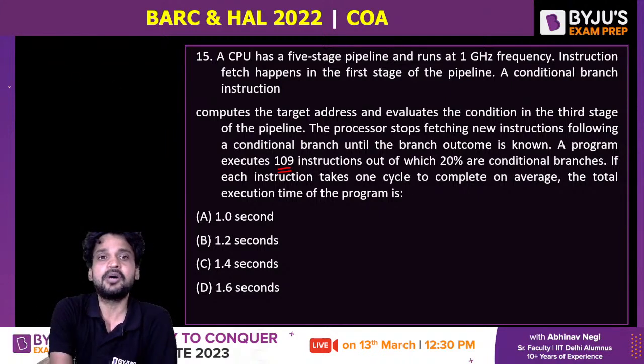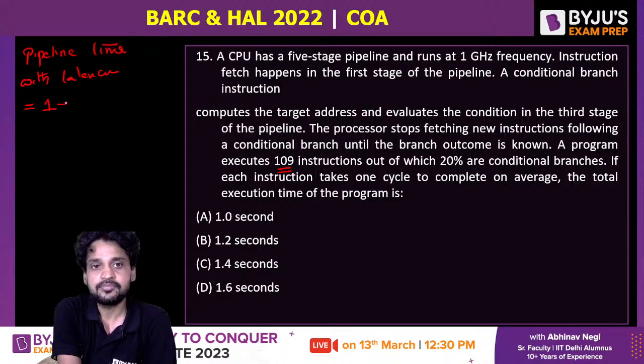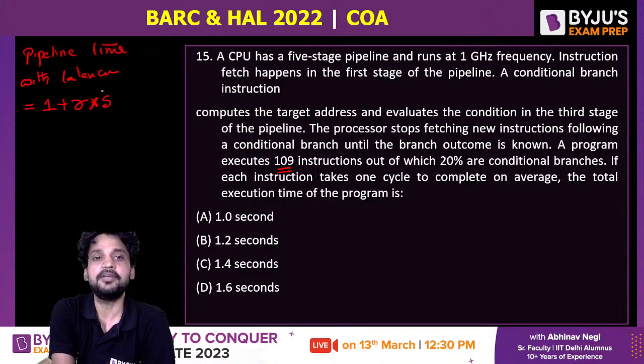If each instruction takes 1 cycle to complete on average, what is the total execution time of this program? Here we need to apply a simple formula, that is, pipeline time with the latencies. Pipeline time with the latency will be given as 1 plus R into S into TP.